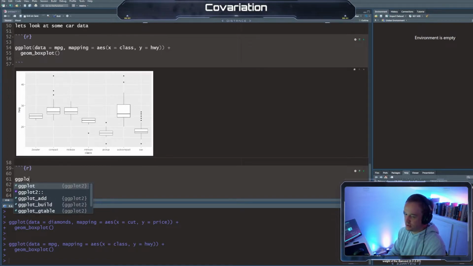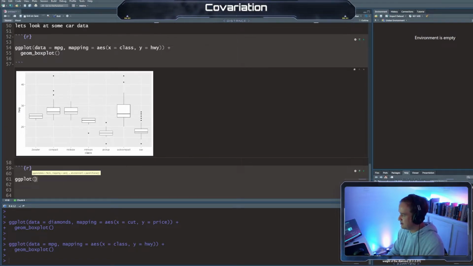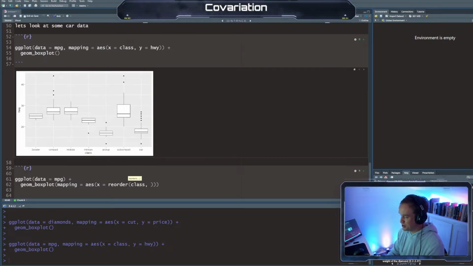So what we would do is ggplot, data equals mpg, and then geom box plot, mapping equals aesthetic, x equals reorder, class. So we're going to reorder the class, which is our x-axis, by highway. Our function of that highway variable is going to be the median, and then our y is going to be the highway.